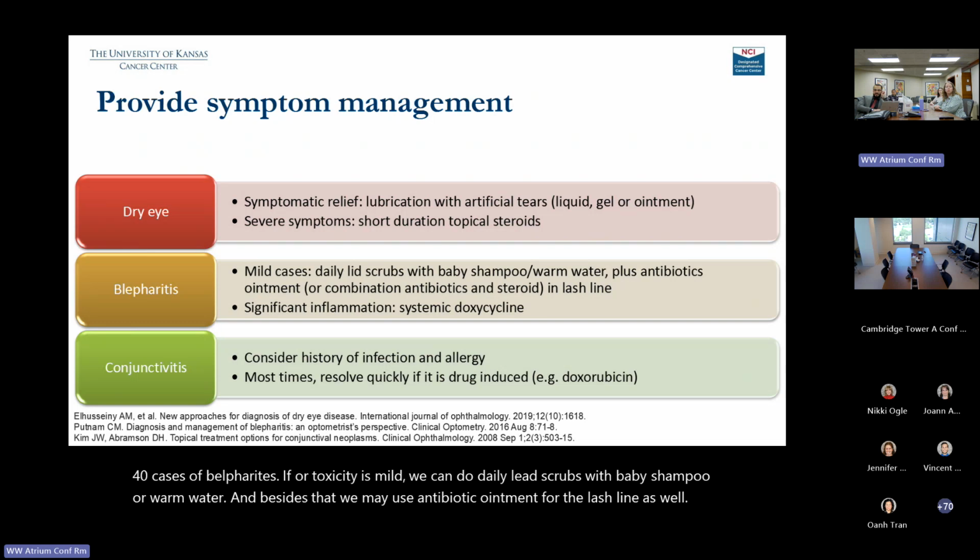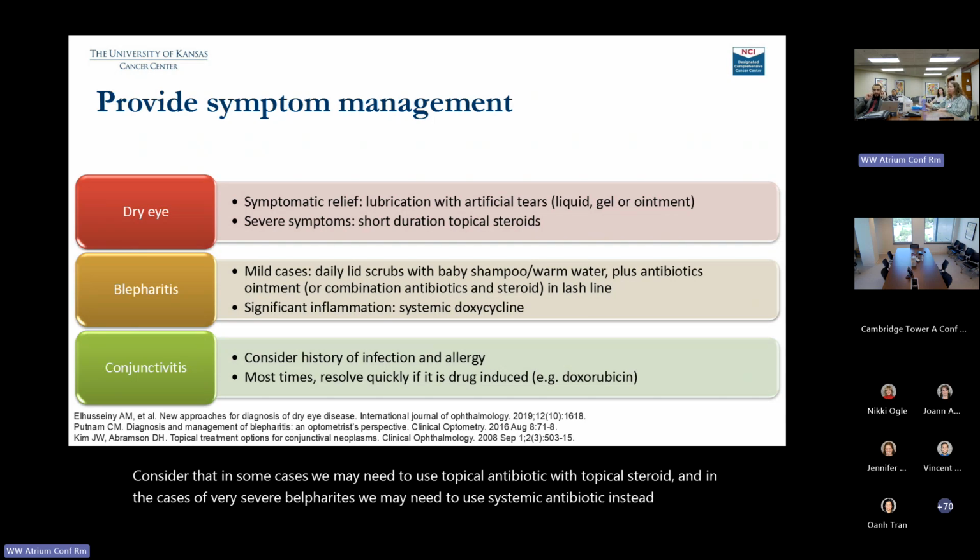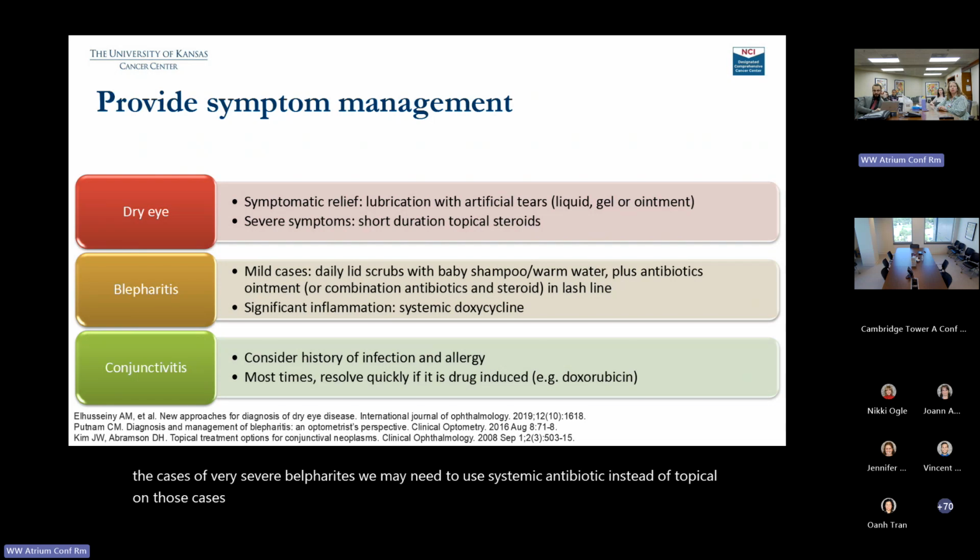Consider that in some cases, we may need a topical antibiotic with a topical steroid. In very severe blepharitis, we may need a systemic antibiotic instead of topical. In those cases, doxycycline would be a very good option.